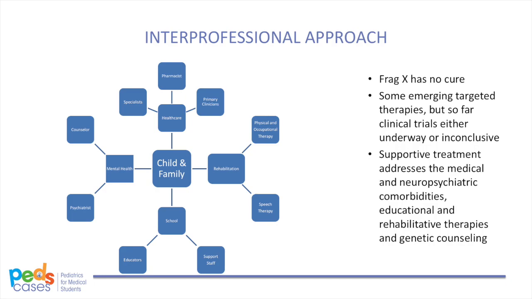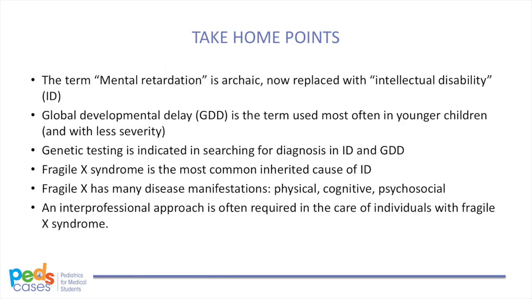And let's summarize a few key points. The term mental retardation is archaic and now replaced with intellectual disability or ID. Global developmental delay or GDD is the term used most often in younger children and those with less severity. Genetic testing is indicated in searching for diagnosis in ID and GDD.